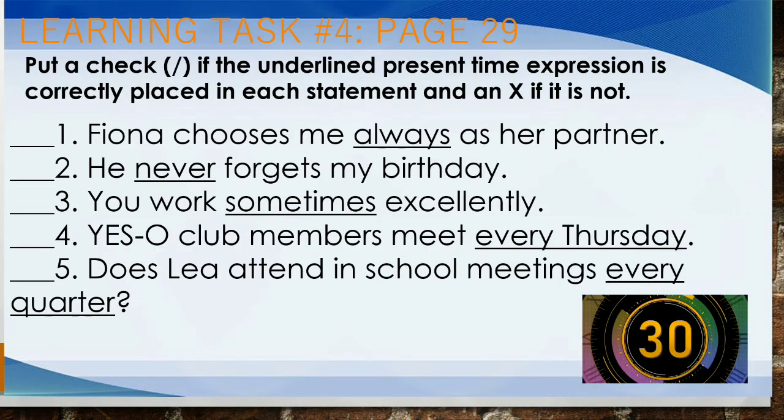Let us answer learning task number 4. The instruction is, put a check if the underlined present time expression is correctly placed in its statement, and X if it is not. Number 1. Fiona chooses me always as her partner. So the present time expression which is underlined is always. Number 2. He never forgets my birthday. The present time expression underlined is never.